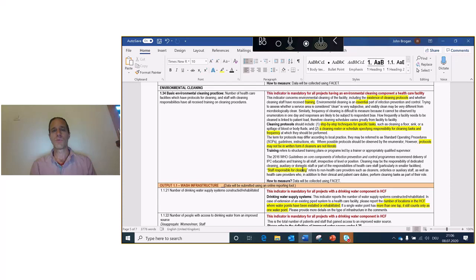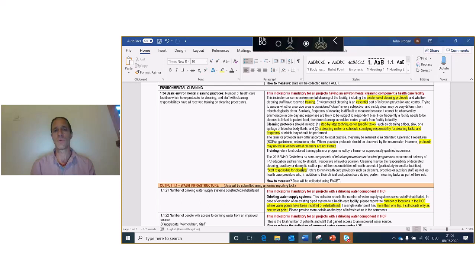It's important to note that with these protocols and the cleaning rosters, there may be a certain number of these women and men who are cleaning who don't have the literacy ability to use the typical written form.